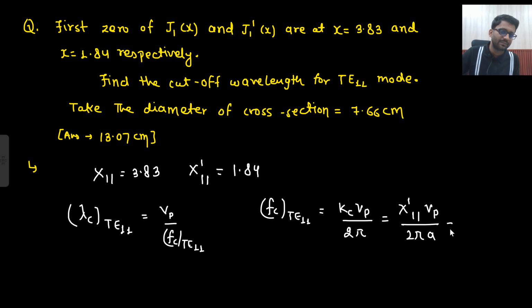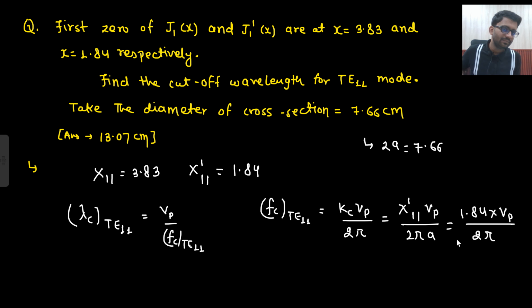So 2 pi A. X dash 11 value is given, 1.84 into Vp. Let's keep Vp as it is, divided by 2 pi into A. A value is also given. Diameter is given. So what is this? This is 2A, right? They did not give the radius. A is the radius. So 2A they have given. So what is the value of A? 7.66 divided by 2. So now what can you do?